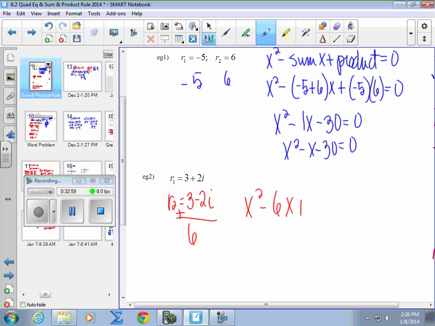What's the product? 9 minus 4i squared. So 13 is the product, right? So x squared minus 6x plus 13 equals 0 is an equation that has those for its roots. We'll talk about how to find those roots later, but that would be an equation that had complex roots. If you graph this, it would never cross the x-axis.